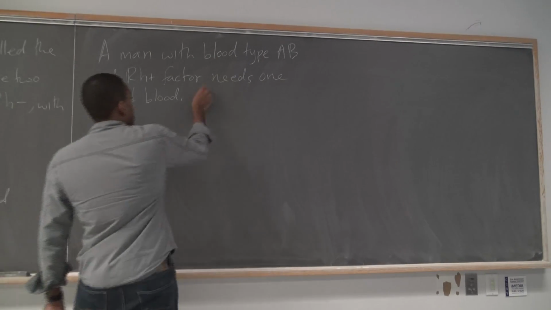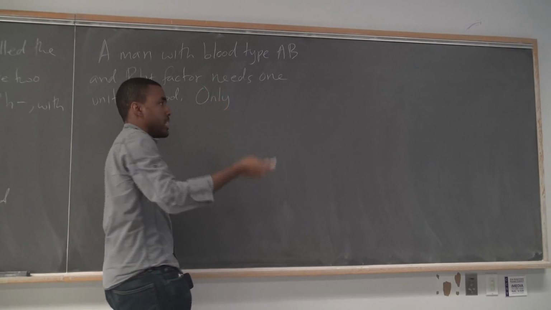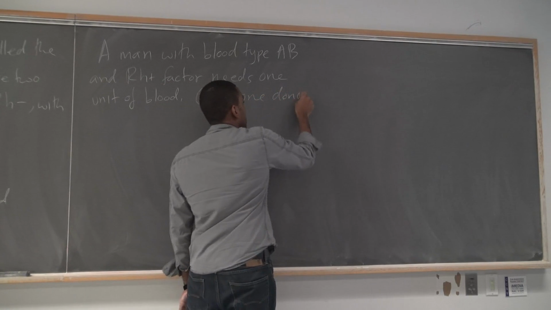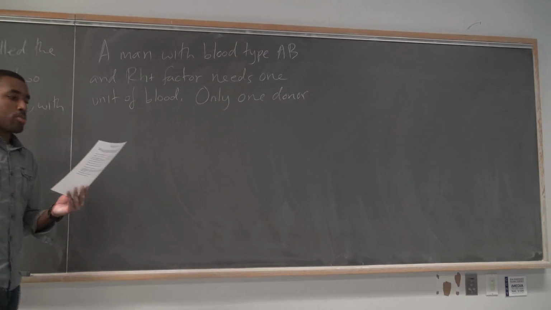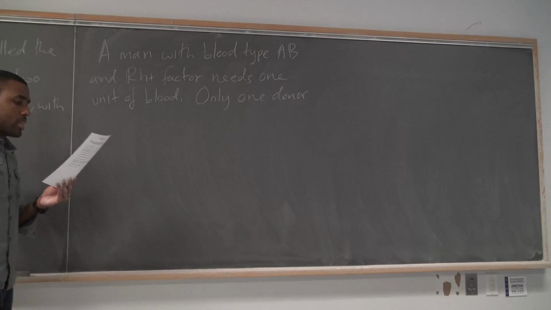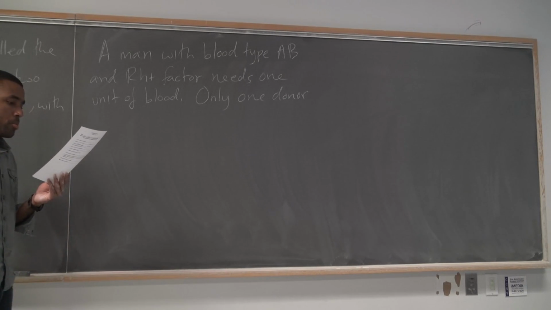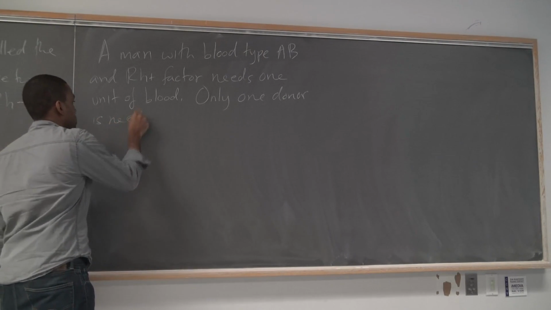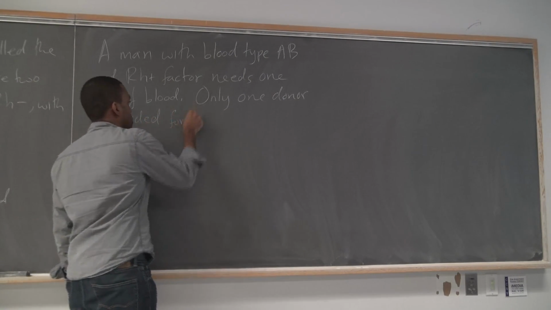So only 1 donor is needed, right? 1 person can just donate 1 unit of blood. Only 1 donor is needed. When we get to chapter 13, we're going to pretend, oh, what if we can have several donors, and how many people will show up, and blah, blah, blah. More complicated. Only 1 donor is needed for this much.